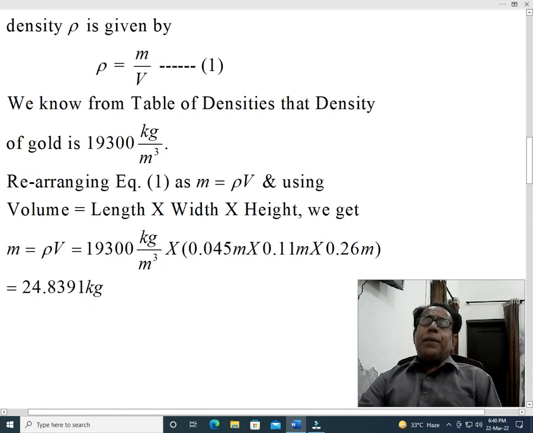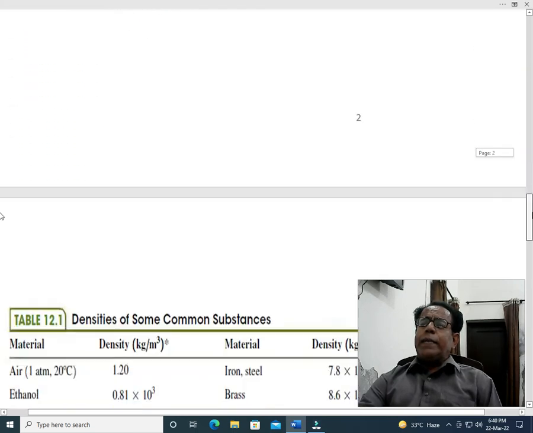We can simply round it as nearly equal to 25 kilogram. Irrespective of whether we round it as 25 kilogram or we keep it in this form as mass equal to 24.8391 kilogram, there is no difference. Both results are quite acceptable.